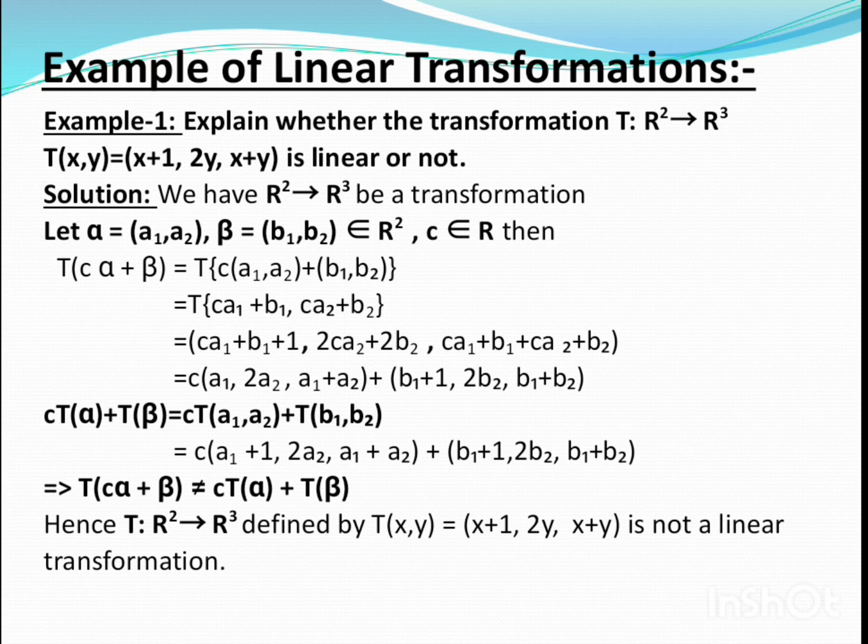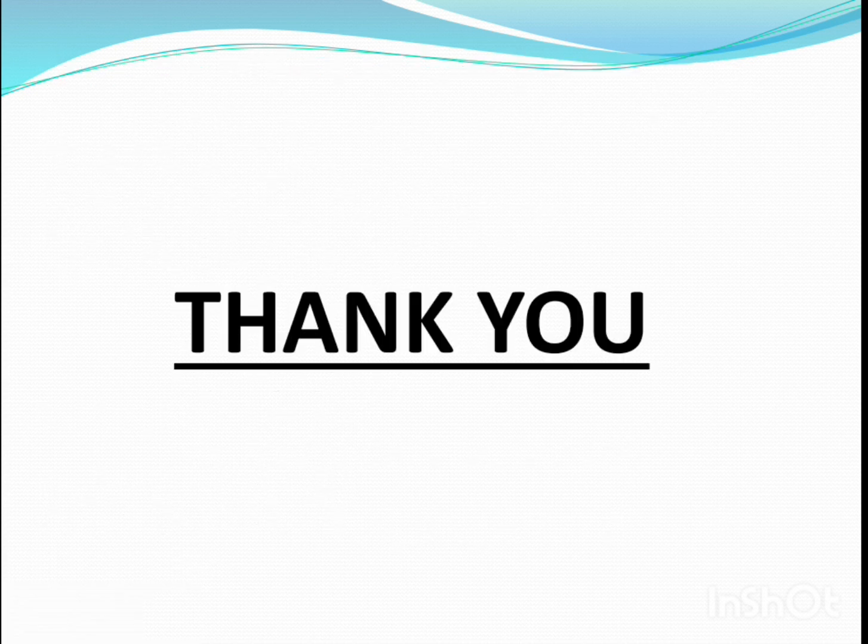From this relation we can see that T of c alpha plus beta is not equal to c T of alpha plus T of beta. So the given function T from R square to R cube, defined by T of x comma y equals x plus 1, 2y, x plus y, is not a linear transformation. Thank you for listening to my presentation.